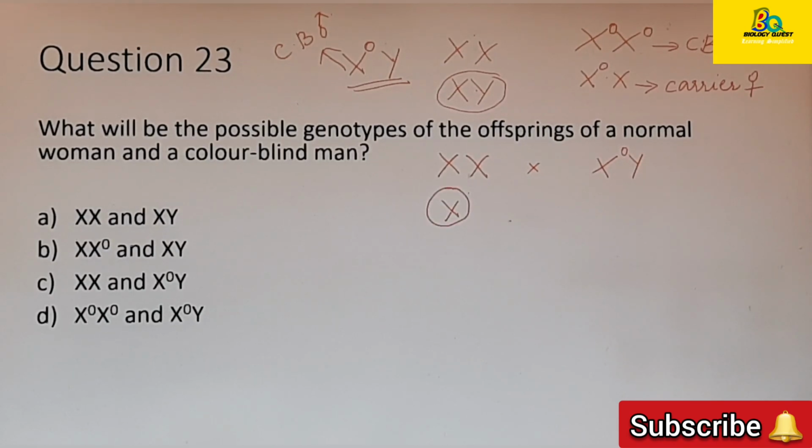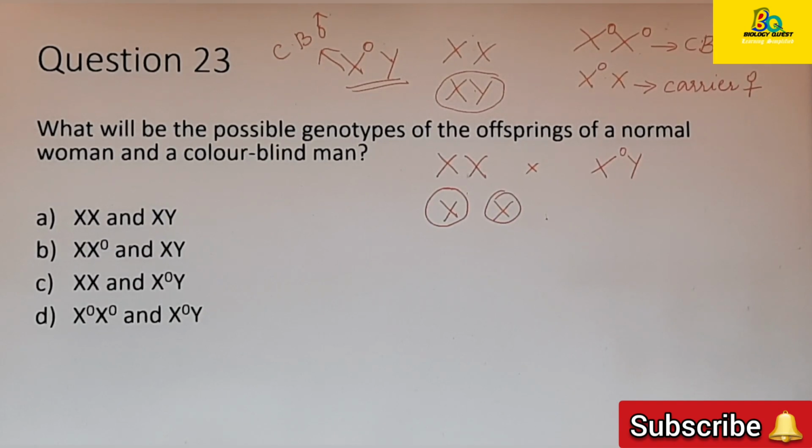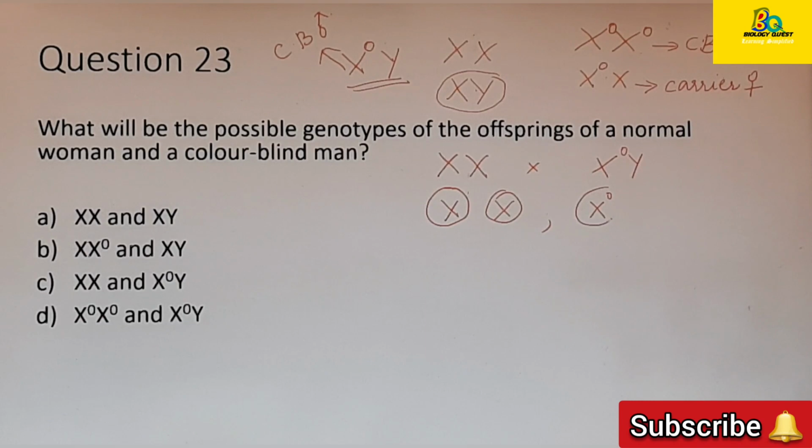All the eggs will have X chromosome. Whereas two types of sperms will be produced. Okay. Now we shall draw the Punnett square.